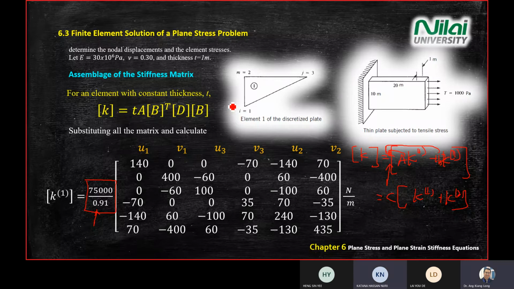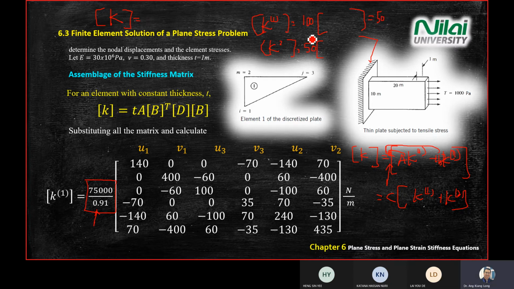Yes, correct. It means if you find, let's say, element number 1, your K matrix equals 100 times a matrix inside. Then you find element 2, and you only get 5 times the matrix inside. So when you combine these two into the global matrix, they must have the same constant.